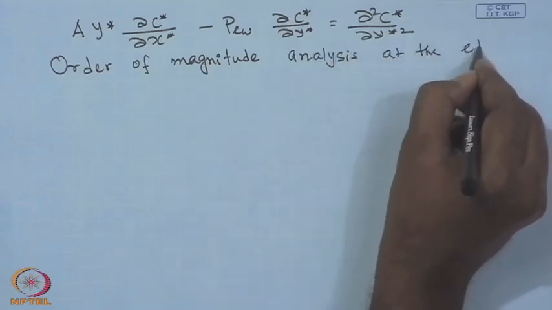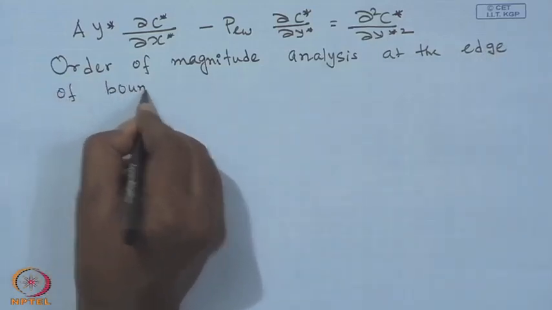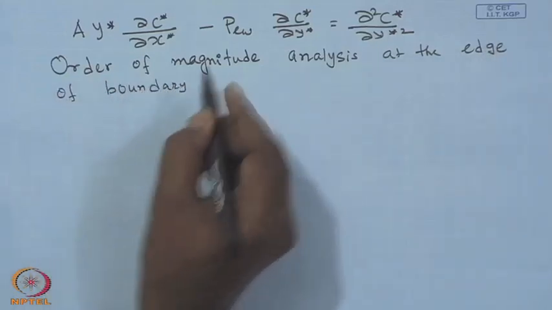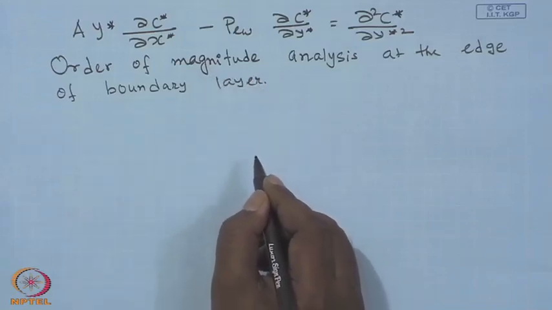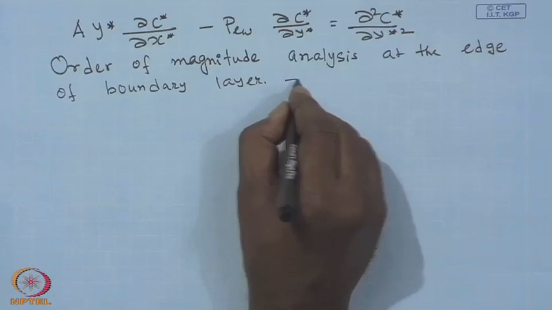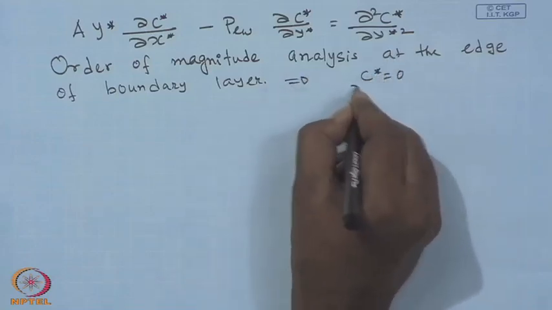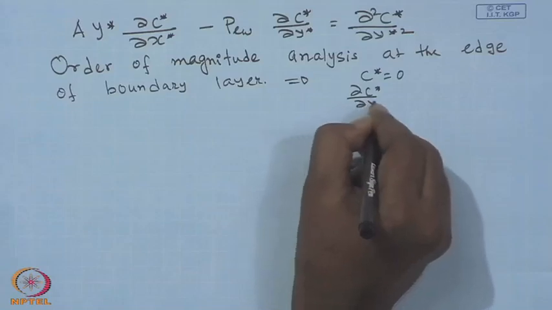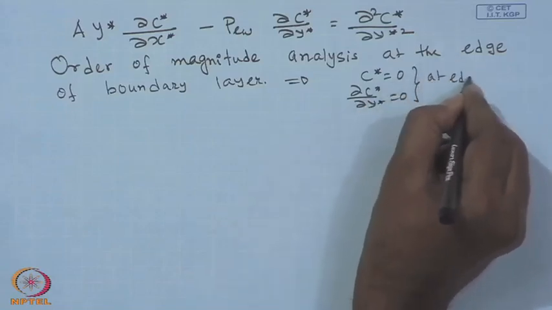At the edge of the boundary layer, and we have seen in the last class that at the edge of the boundary layer these two conditions are always satisfied: c star is equal to 0 and del c star del y star is equal to 0.